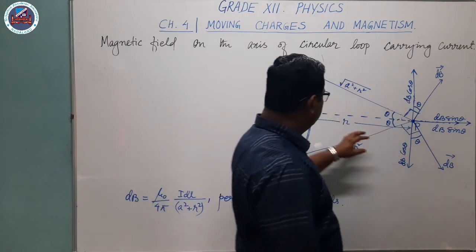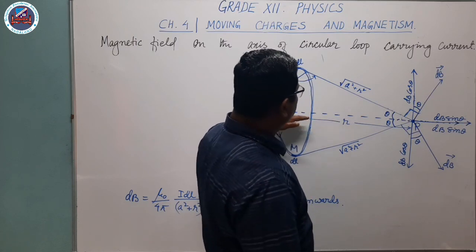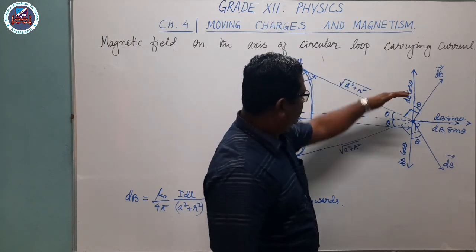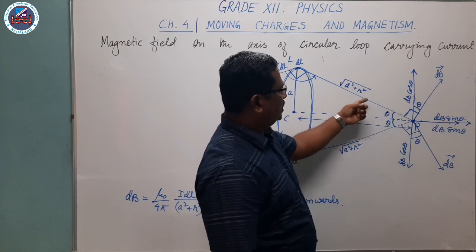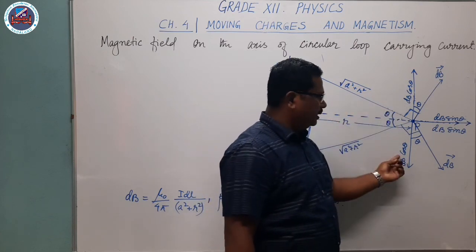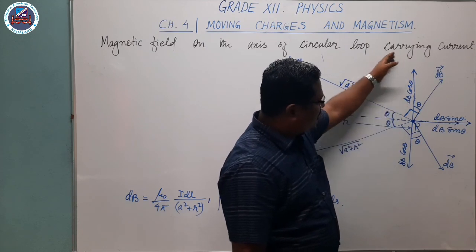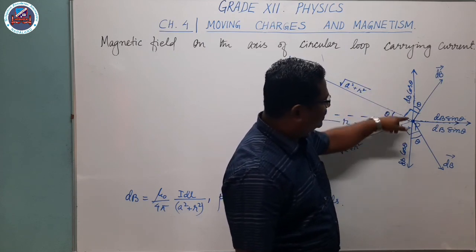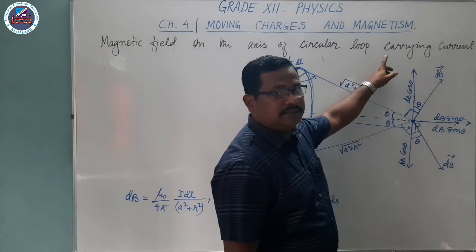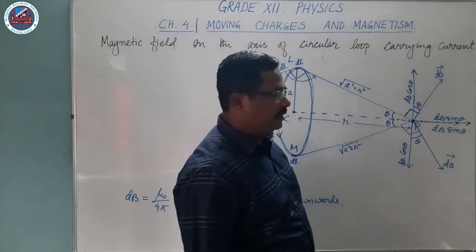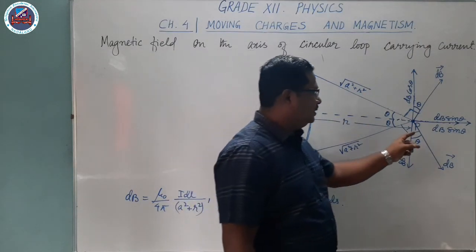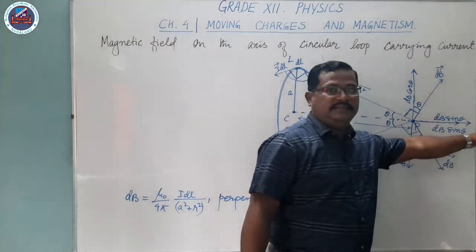And cos theta, in the triangle, is base by hypotenuse, so r by root over s square plus r square, that value also will be same in both the cases. So these two components which are pointing in the opposite direction from the same point cancel each other's effect. Only the component which remains is dB sin theta.